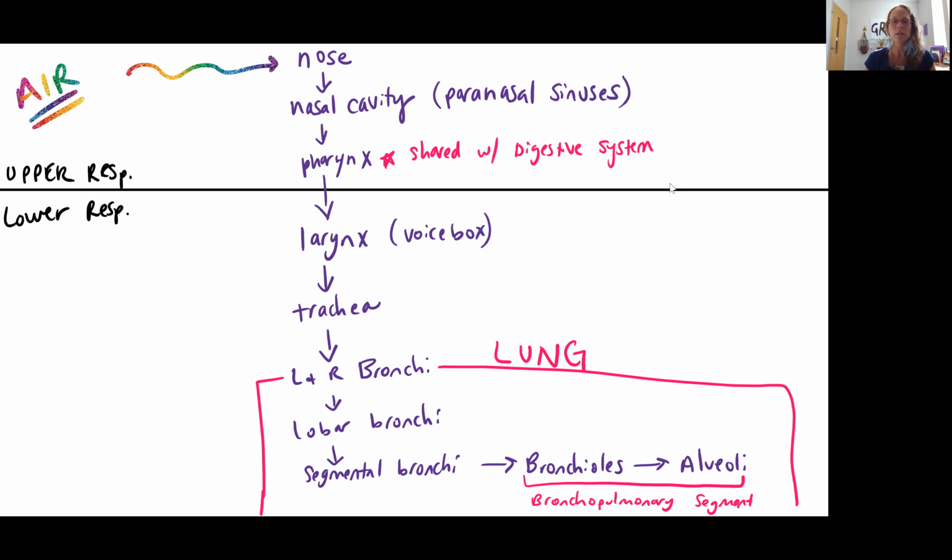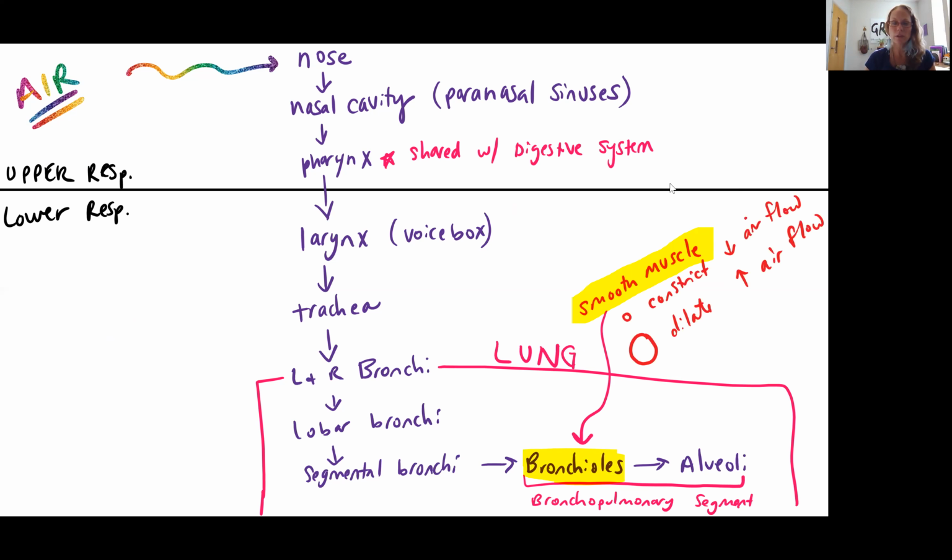So you might still see those names if you're looking at some other resources. Collectively, the bronchioles and the alveoli are making up what's called the bronchopulmonary segment. So again, we're seeing that the trachea divides into the left and right bronchi before we get to the lung and then moving into the lung there.